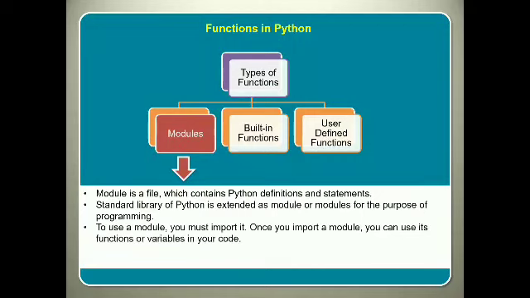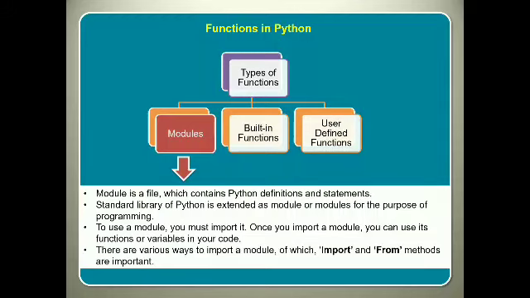To use a module, you must import. Once you import a module, you can use its functions or variables in your code. There are various ways to import a module, but the ones that you must be familiar with are import and from methods.